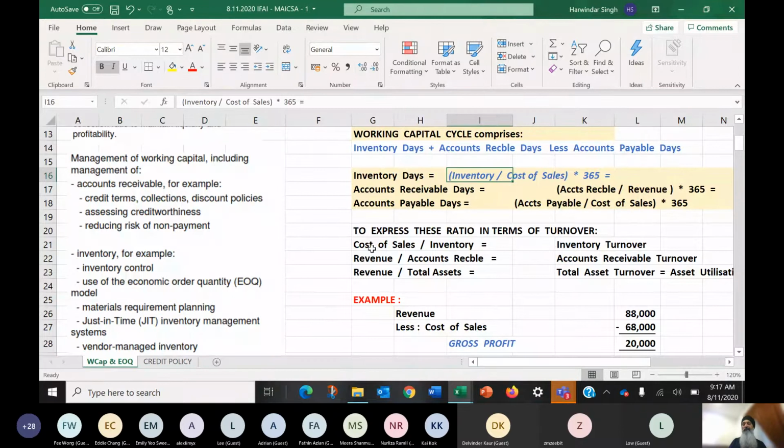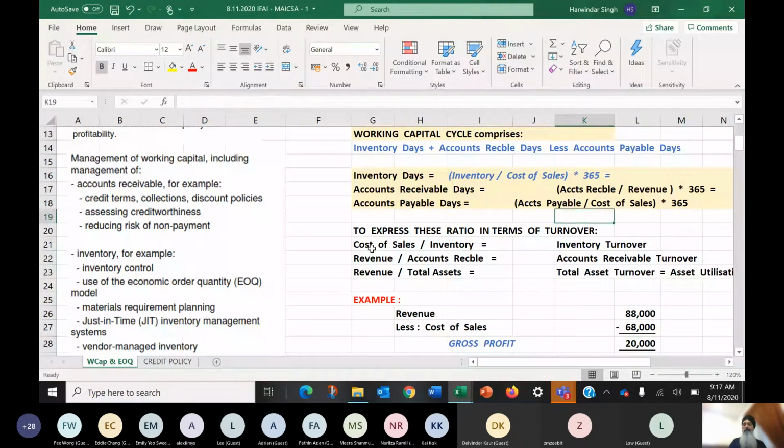If I flip it and I say cost of sales over inventory, and I forget about that 365, I get inventory turnover. Again, accounts receivable divided by revenue multiplied by 365 is receivable days.